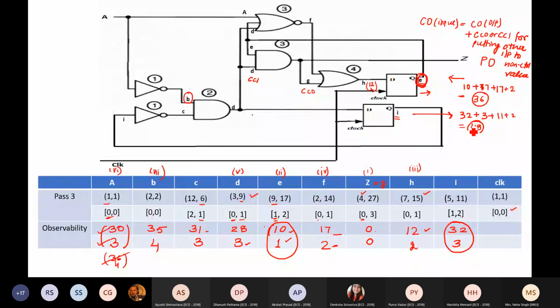So एक वैल्यू आई 36, दूसरी वैल्यू आई 48. I take the minimum as 36. This is combinational controllability.